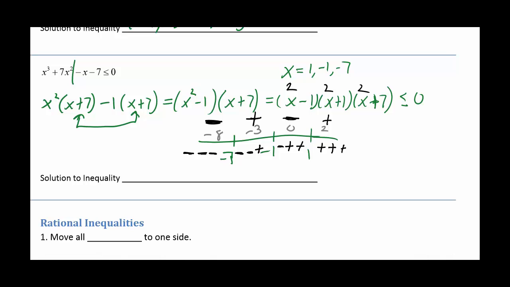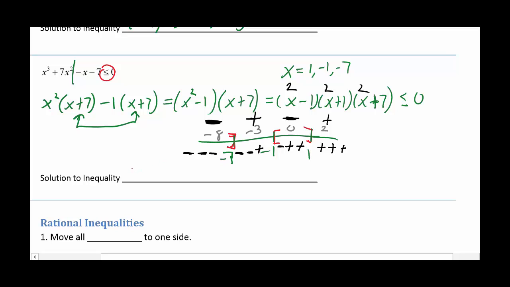Okay. According to our symbol, what am I interested in? I want to know, where is this thing negative or 0? All right, so I can see that it is negative when it's less than negative 7, and that it's also negative when it's in between negative 1 and positive 1.